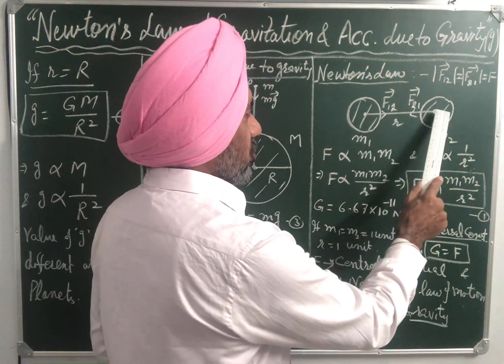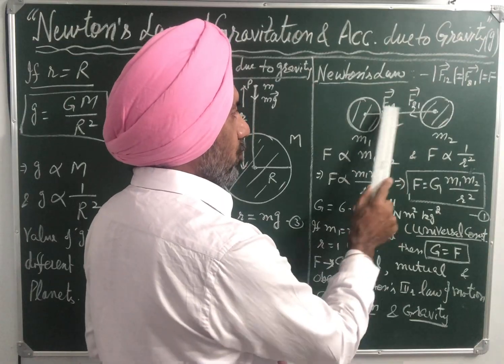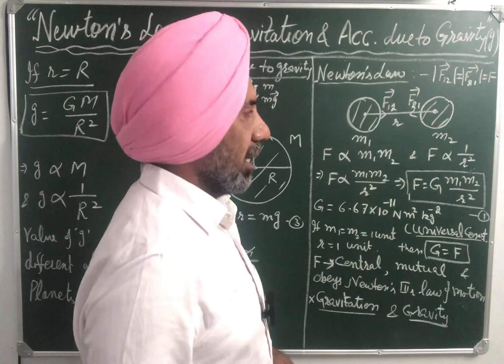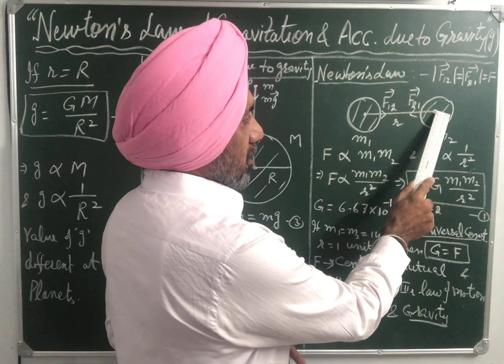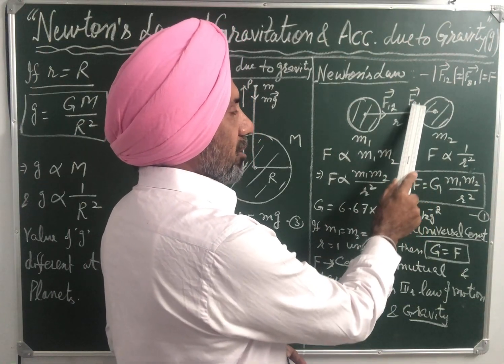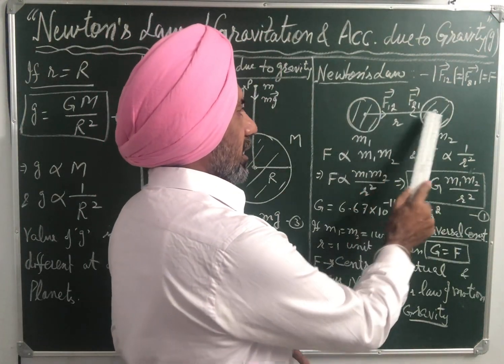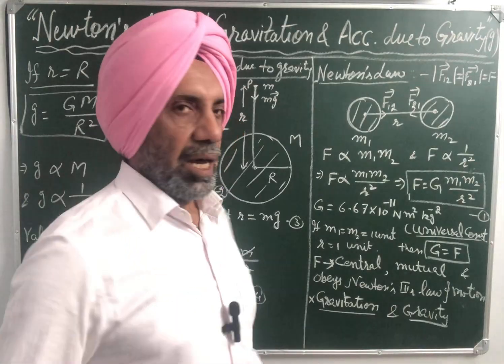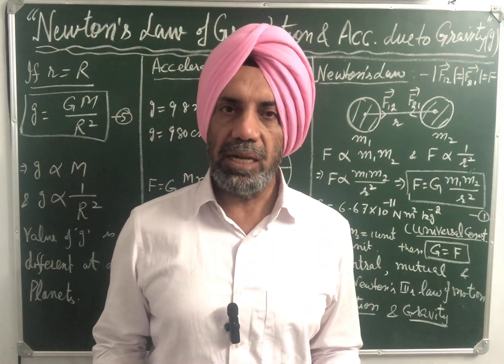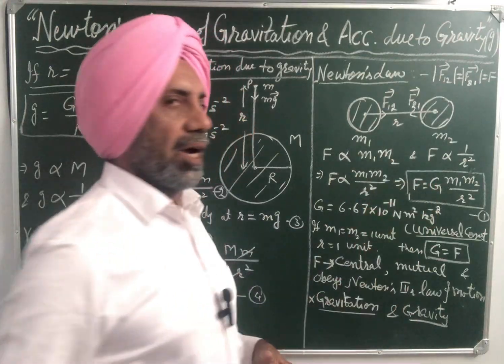So the gravitational force experienced by a body of mass m1 due to m2 is known as F12 vector, and the gravitational force experienced by a body of mass m2 due to m1 is denoted by F21 vector. So these two forces act along the line joining the two masses, and it is a force of attraction.